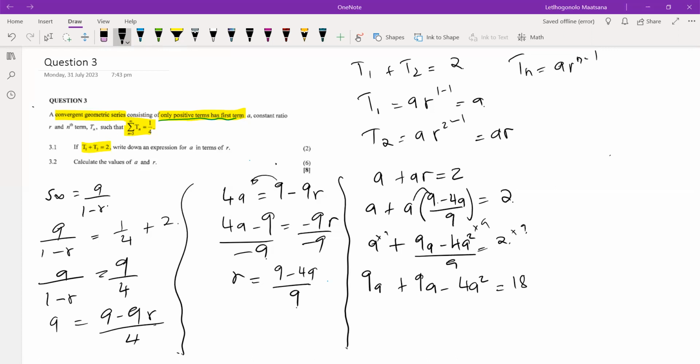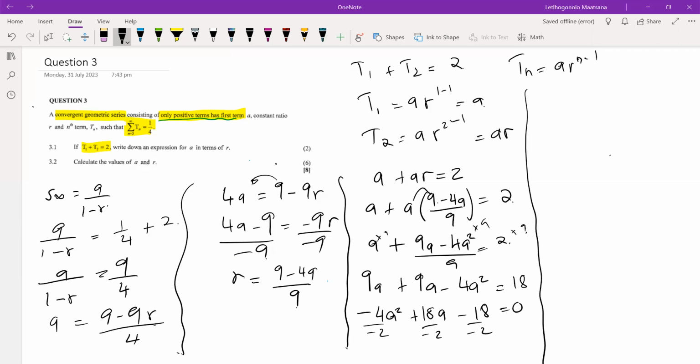Let's rewrite this: −4A squared plus 18A minus 18 is equal to 0. Let's divide by −2 everywhere. We get 2A squared minus 9A plus 9 is equal to 0.